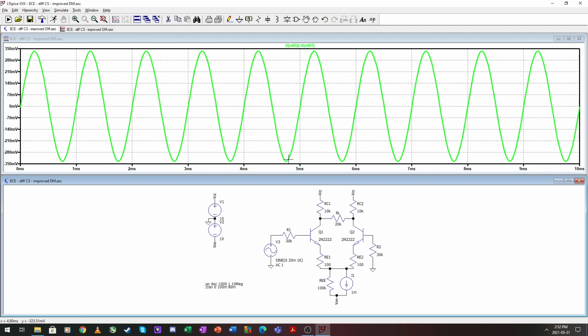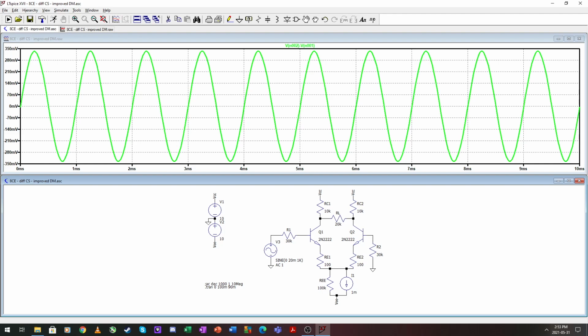And I made a boo-boo, or did I? I didn't. I forgot to include the effect of our emitter resistors. So with our emitter resistors, our gain is 67 volts per volt for our differential or fully differential output.